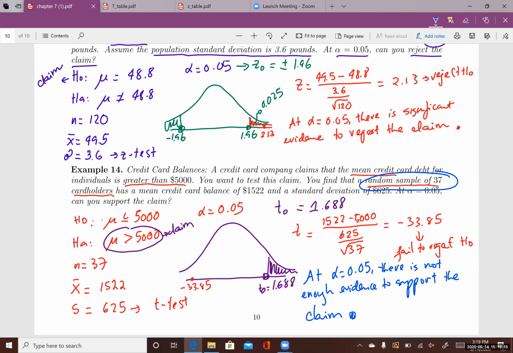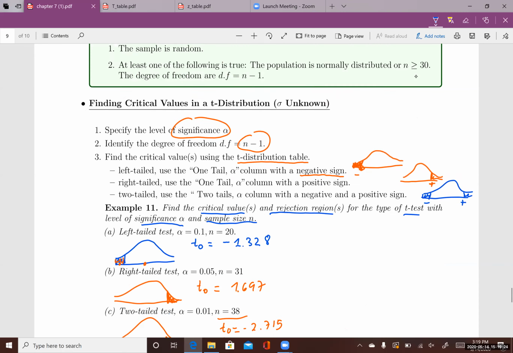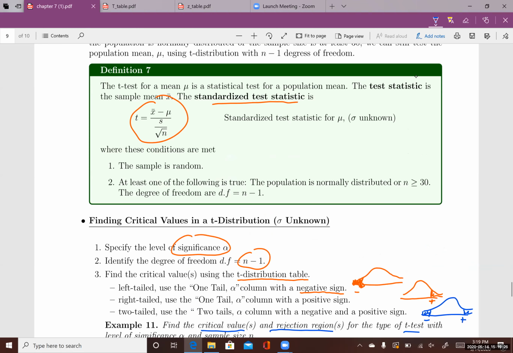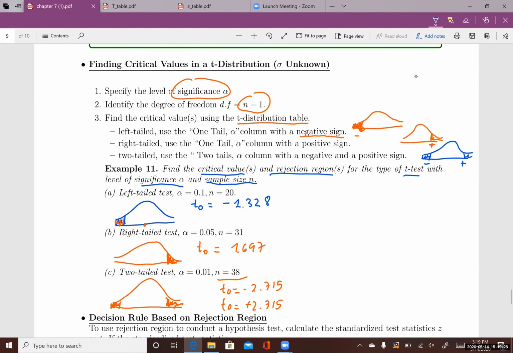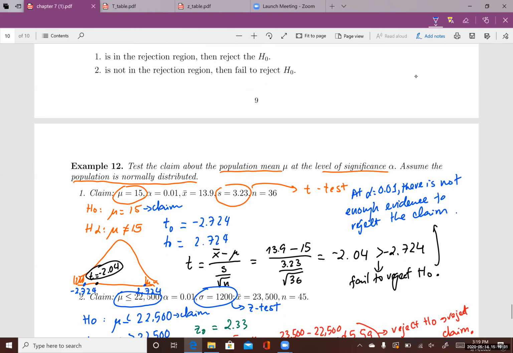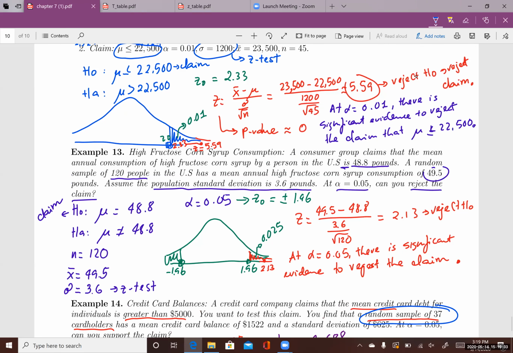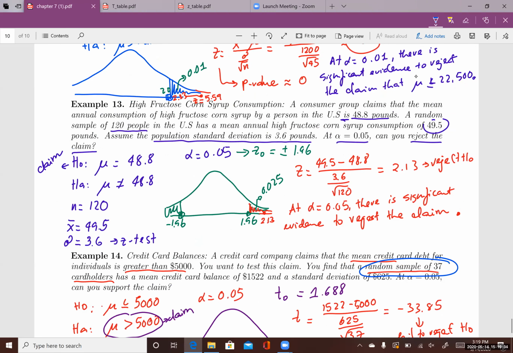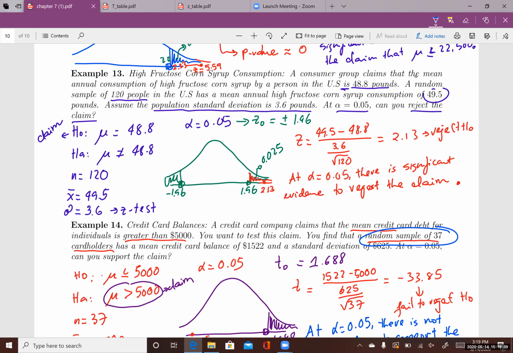So again, this lecture first introduces two different methods you can use to make decisions in your hypothesis test. Second, it demonstrates some examples of how to conduct a hypothesis test through all the steps.